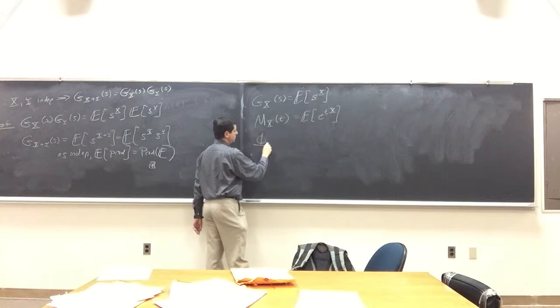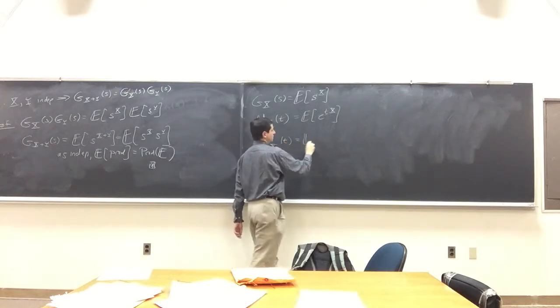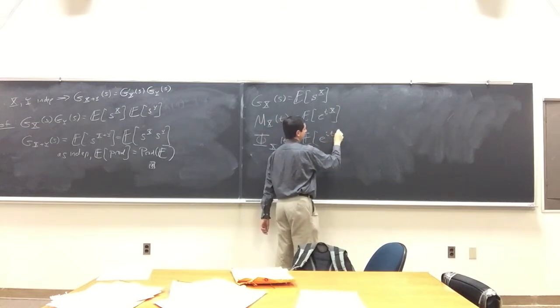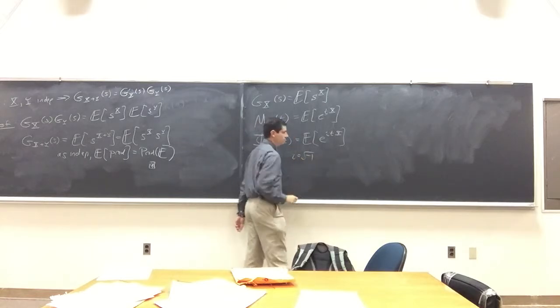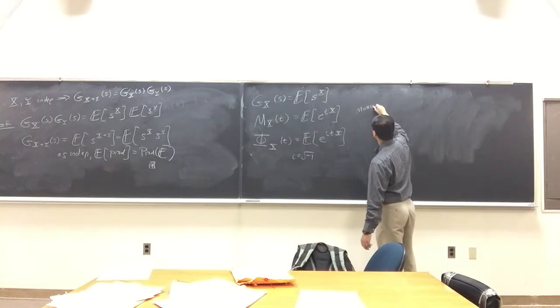And the characteristic function of X at t is the expected value of e to the i t X, where i is the square root of -1. So this is the moment generating function, and this is the characteristic function.